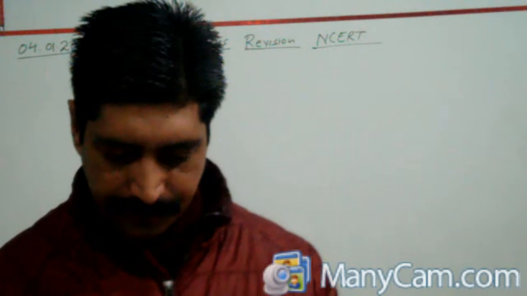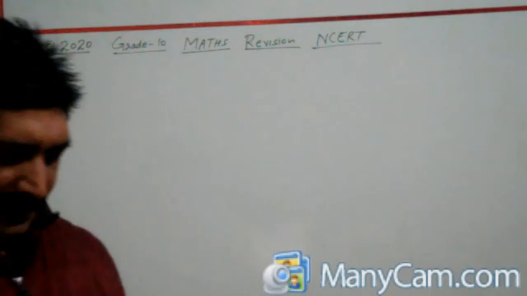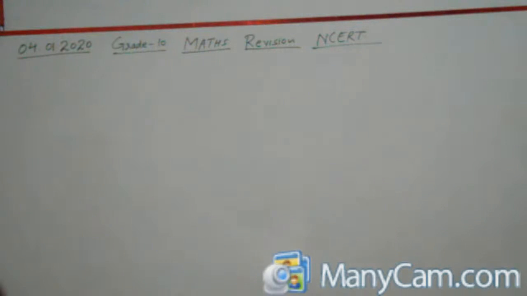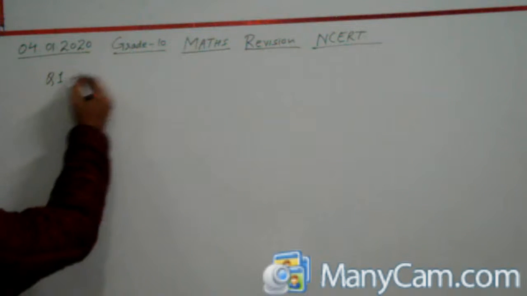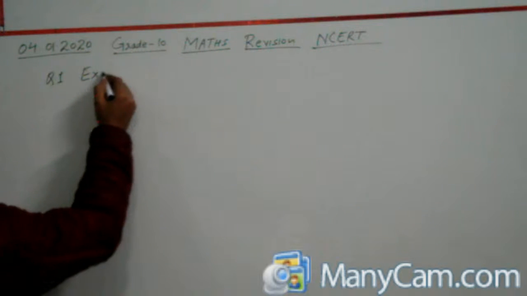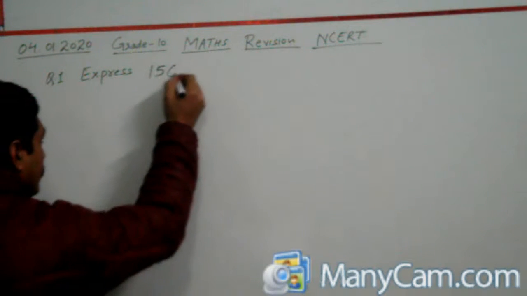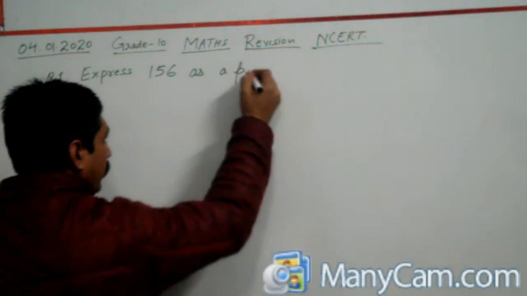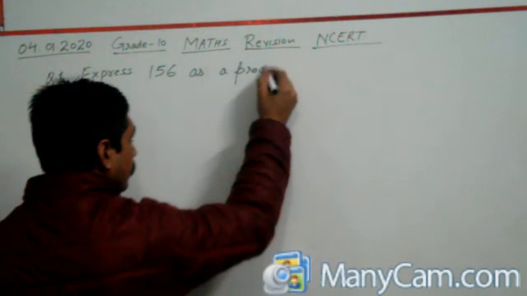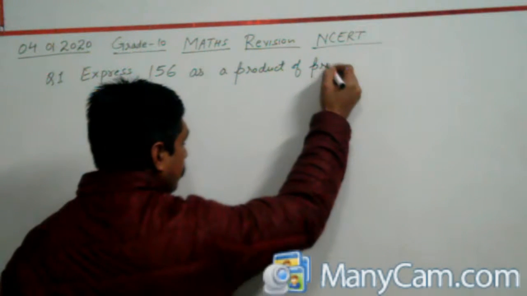So let's start. Question number 1: Express 156 as a product of prime numbers.